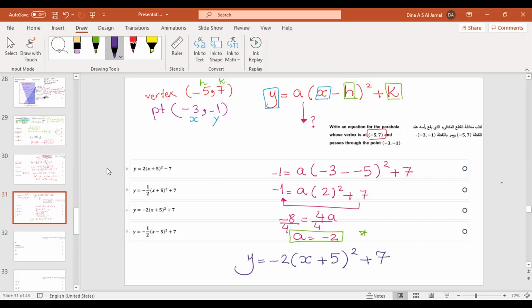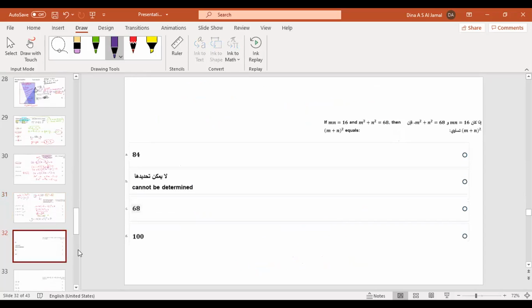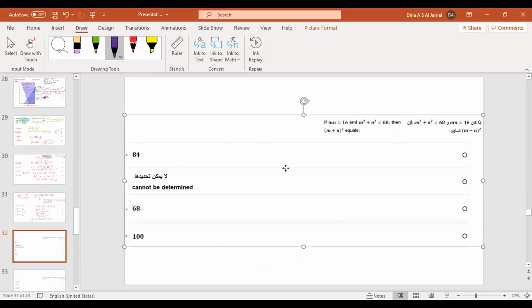And this is your answer. Now let's see which choice is this. So this one is wrong, this one is wrong, this one is right: -2 times (x plus 5) all squared plus 7. This one is wrong. Now let's move to the other question that some of the students told me they found hard.